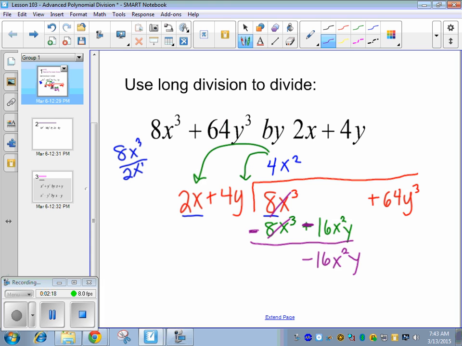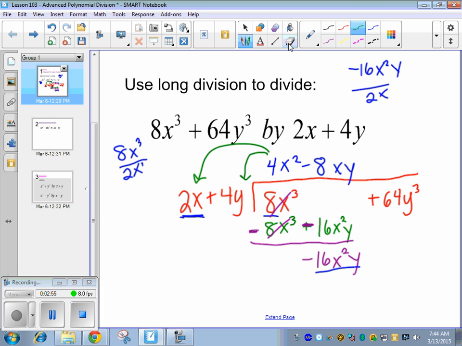Normally we bring down the next term, but I don't want you to do that yet. We start over with this first term divided by just the first term. Negative 16x squared y divided by 2x. What do we get? Negative 8, then 1x, and we still have this y, so negative 8xy.